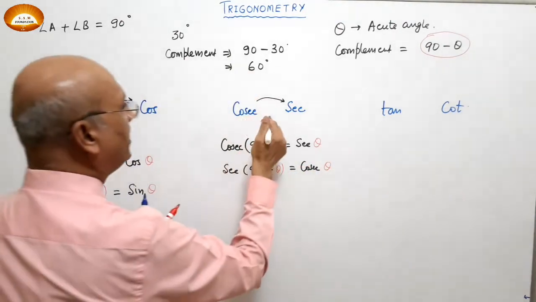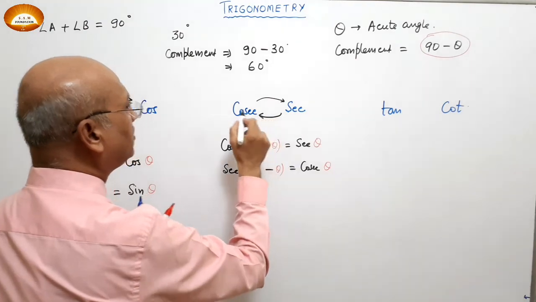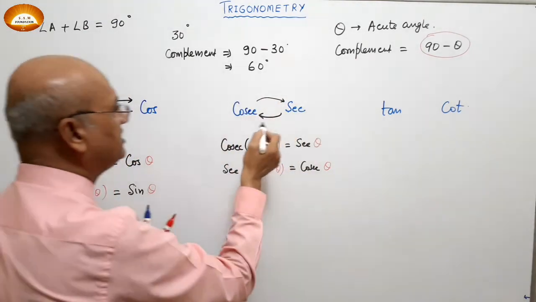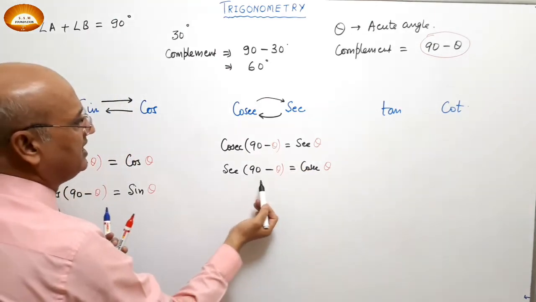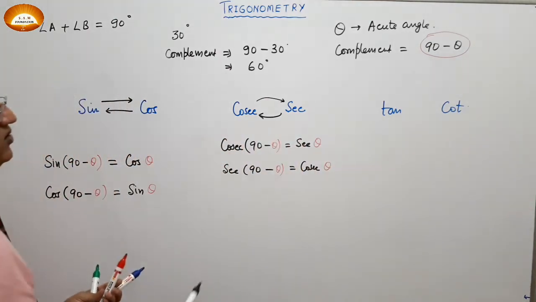Now this one arrow this side: cosec changes to sec and sec changes to cosec. See, cosec of 90 minus theta is sec theta, and sec of 90 minus theta is cosec theta.